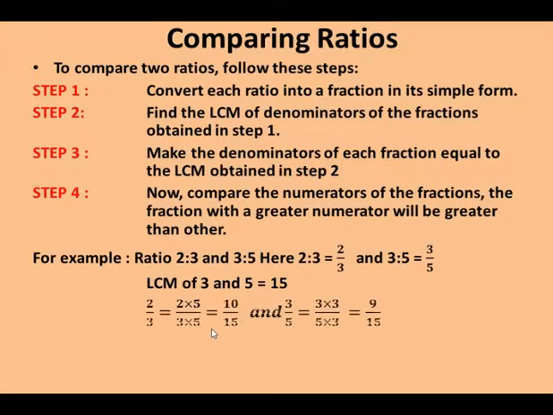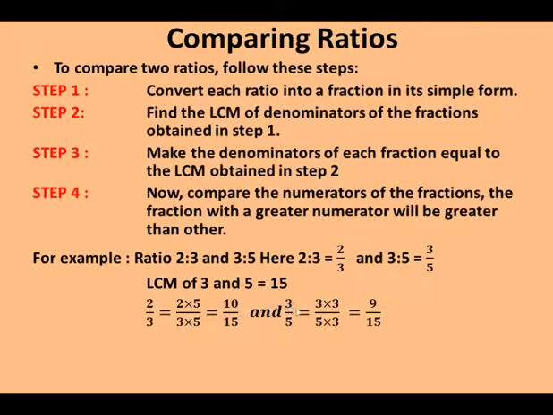Now, the first ratio is 2:3, so the fraction is 2/3. Numerator 2 multiplied by 5 and denominator 3 also multiplied by 5, and we get 10/15. In the same way, in fraction 3/5, numerator 3 multiplied by 3 and denominator 5 multiplied by 3, and we get 9/15.